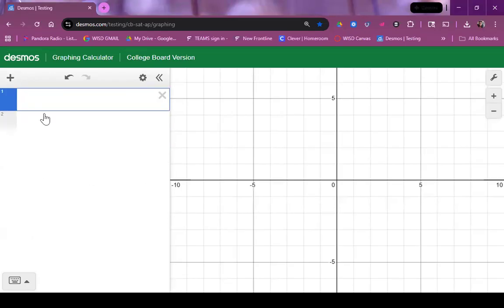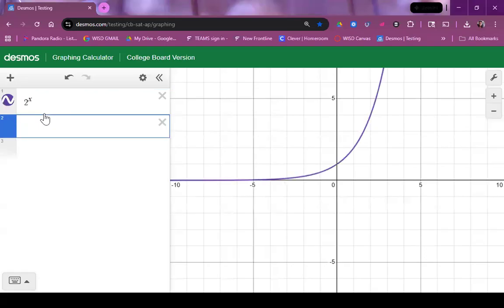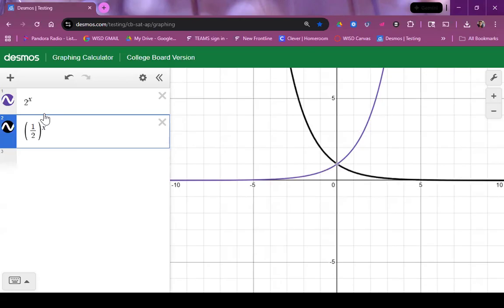And I'm going to graph. So the first one I'm graphing is 2 to the x. Then I'm going to graph the second one. Okay, so here are two function models, so that I can match the window in your notes.